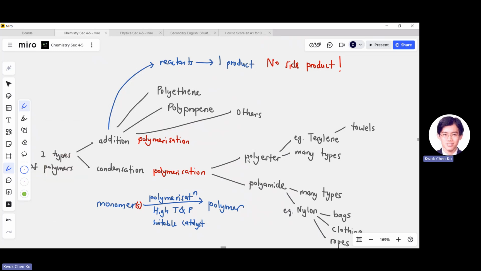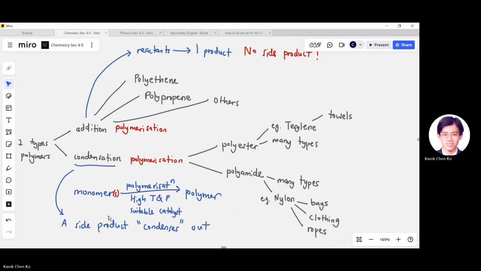Well, condensation is sort of like the reverse, the opposite. They use the word condensation because a side product condenses out.